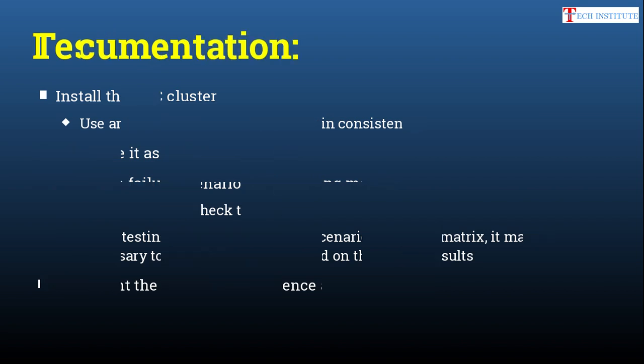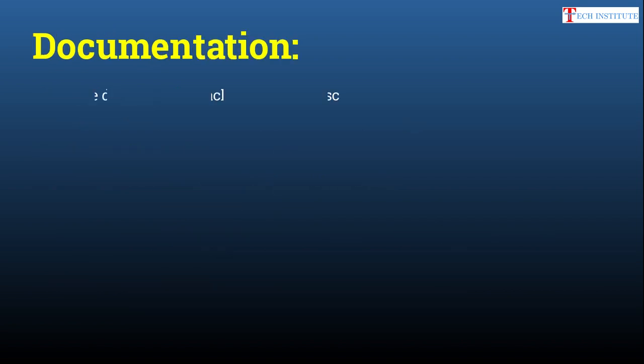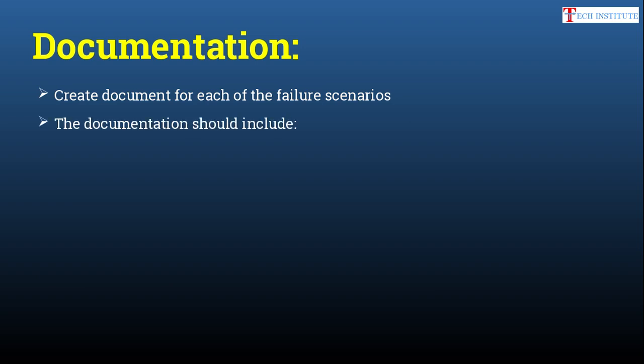Once you are done with the testing, you need to have the documentation. You need to create a document for each of the failure scenarios which you tested, and this documentation should include checks to be performed to ensure the service availability. Like, suppose you did a failover testing, if your one node is down, you should fail over to another node, and all your applications should be available.